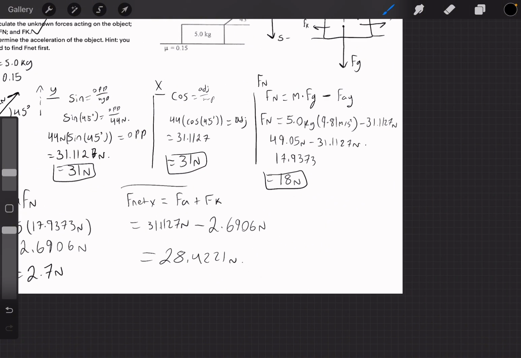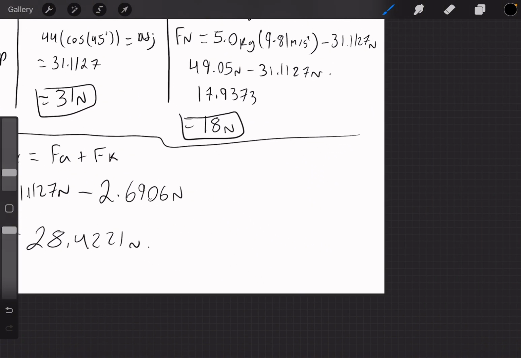And this is all part of finding the acceleration. So a system is equal to F net system in x, divided by our mass.